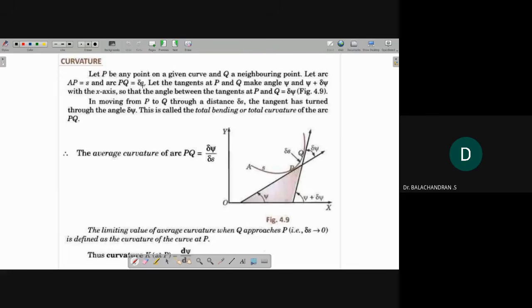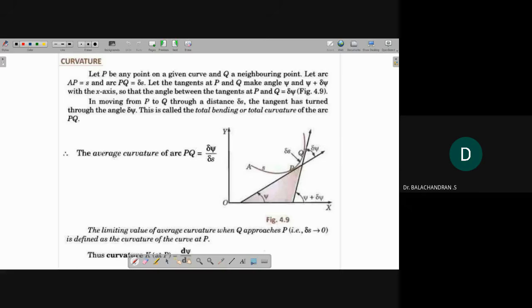That's why it is delta S. This is the tangent at P, and this is the tangent at Q. They make angles psi and psi plus delta psi with the x-axis, so the angle between the two tangents at P and Q is delta psi.